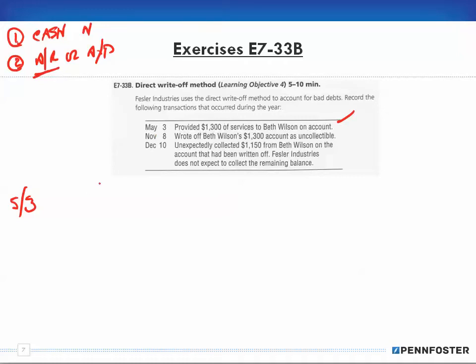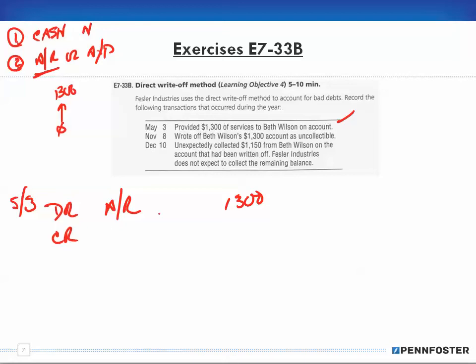So if our accounts receivable was 0 and now we're providing $1,300 in services, that means the accounts receivable goes up. Accounts receivable is an asset, just like cash is an asset. And we increase our assets on the debit side, so I'll debit accounts receivable for $1,300.